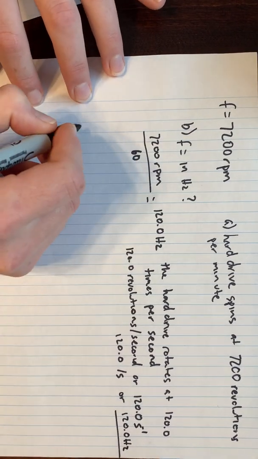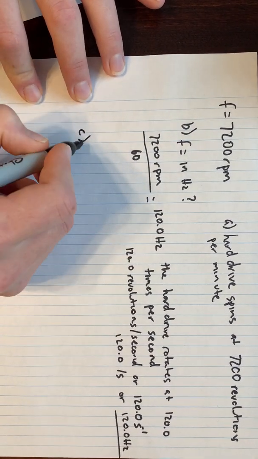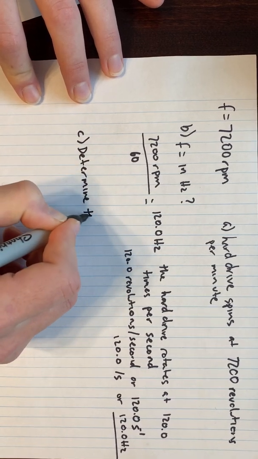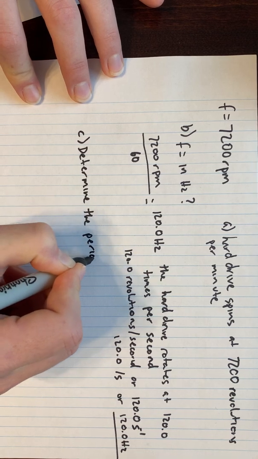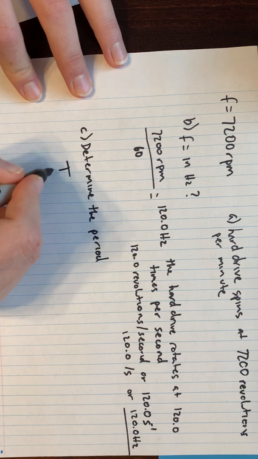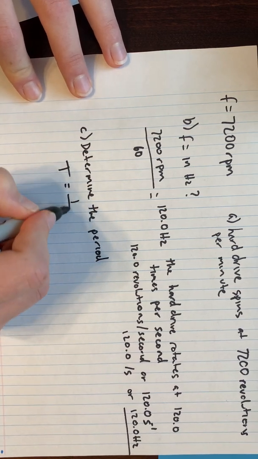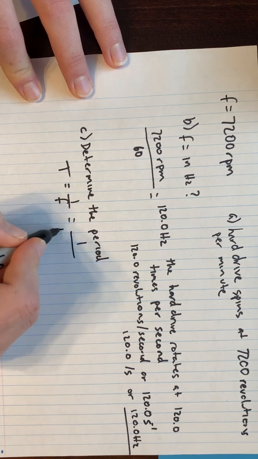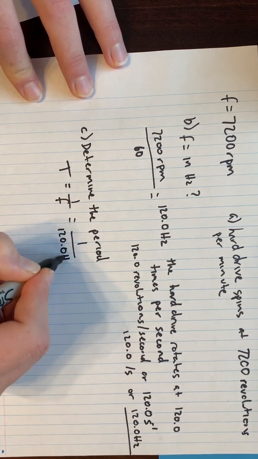Now for question C, determine the period. So our formula here is T is equal to 1 divided by the frequency. So this can be 1 divided by 120.0 hertz.